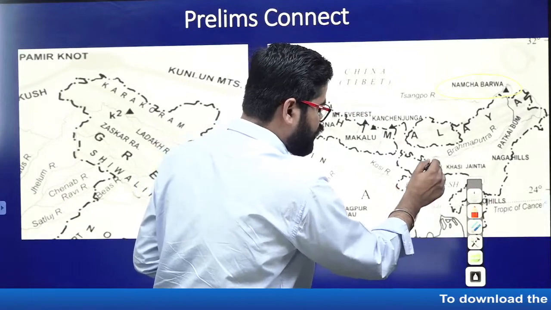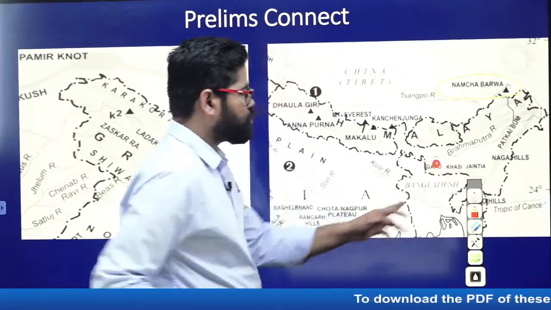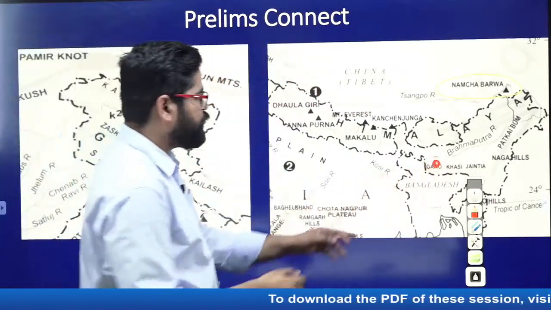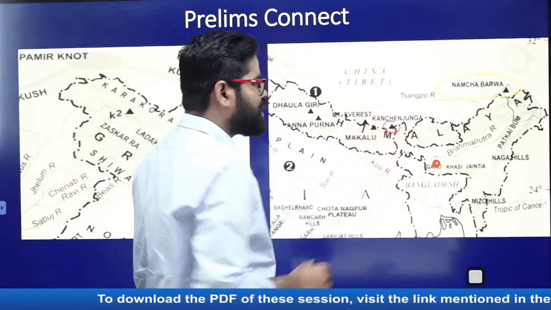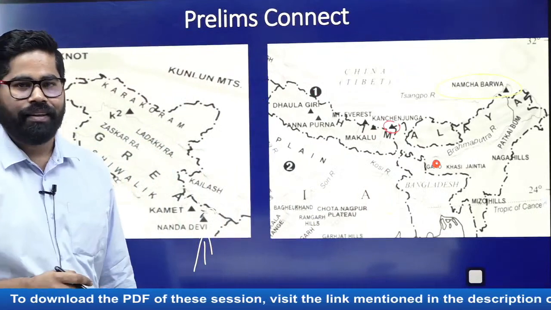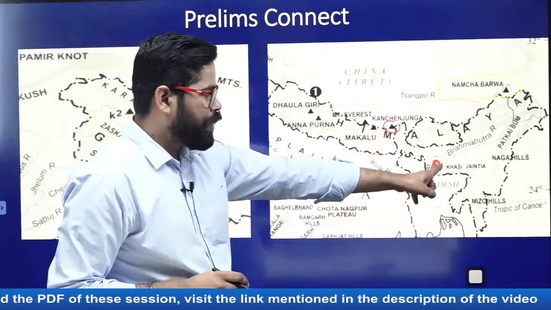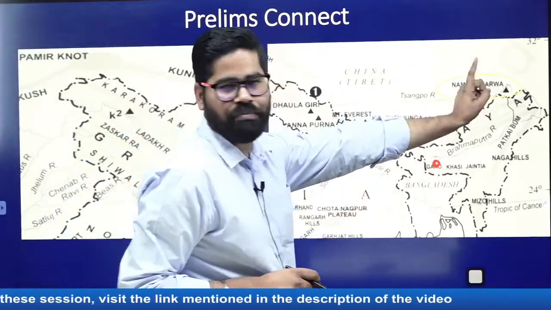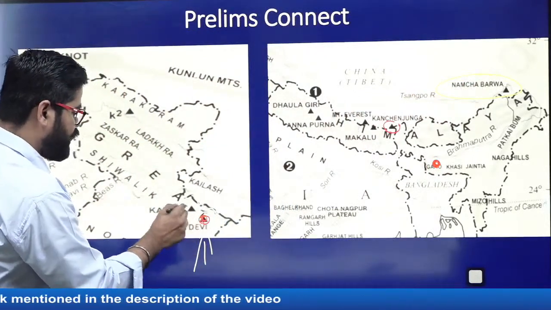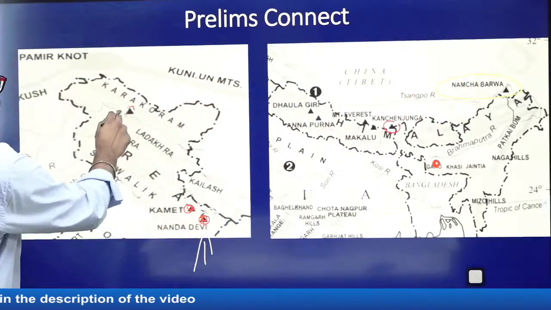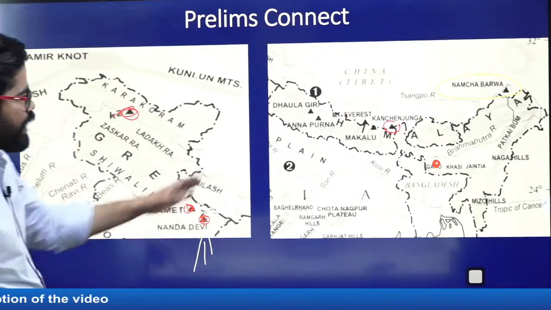here you will find the Nokrek Peak. Nokrek Peak is located here, and this is the part of the Sikkim Himalayas where you have the Kanchenjunga Peak. So here you have Kanchenjunga, here Nokrek, here Namcha Baba, and on this side Nanda Devi, Kamet and Karakoram. You can see this entire range.